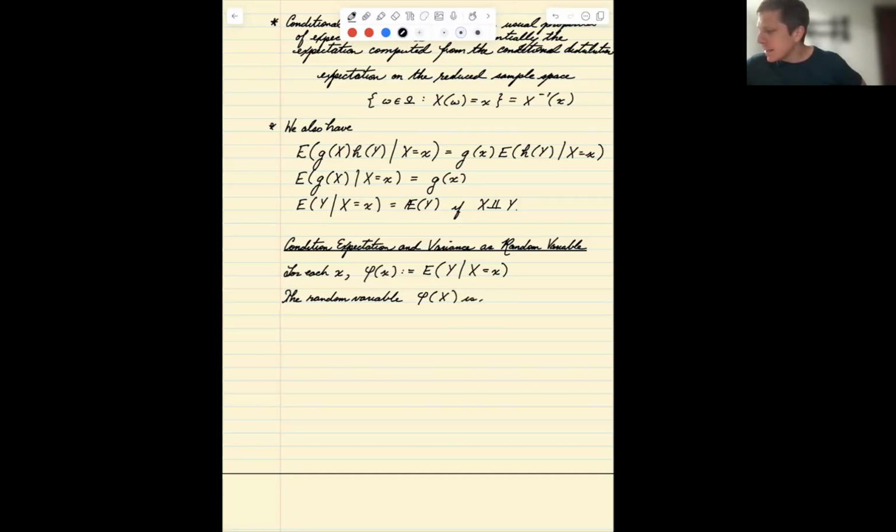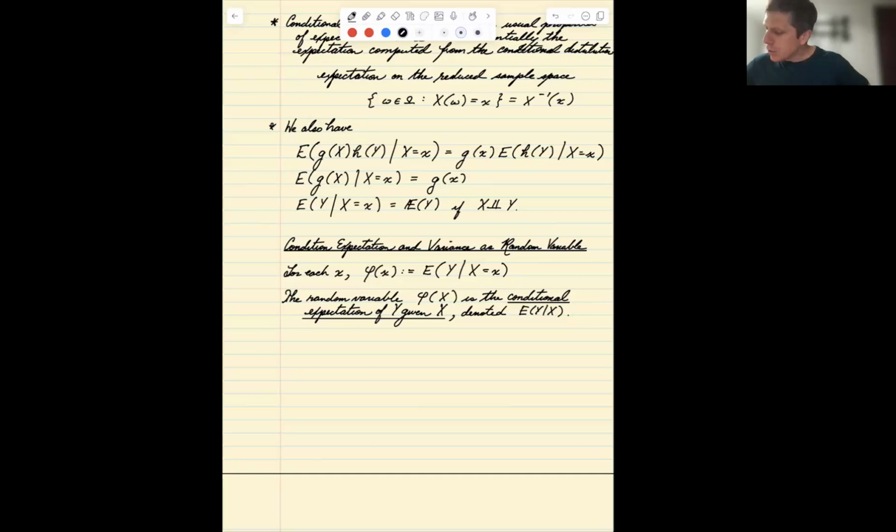This is the conditional expectation, sometimes also called the conditional mean, of y given capital X. So there's no conditioned value. We're saying this random variable is defined as the conditional expectation of y given X, and this is how we denote the random variable.